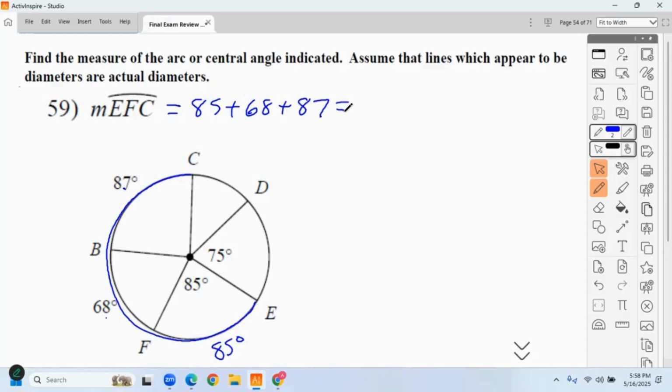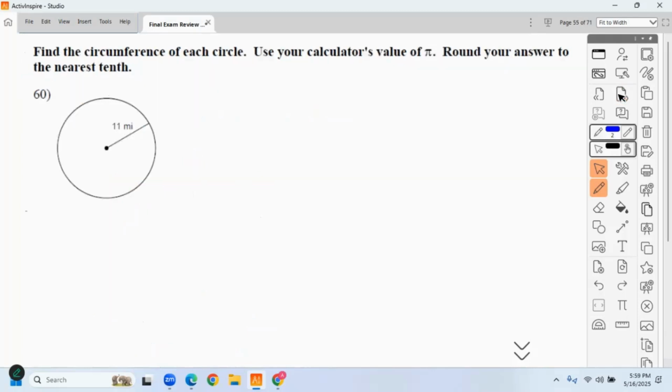Let's see what this is equal to. In this case, we got 240 degrees. All right, done with 59. One more for the road, right? At least on this piece.